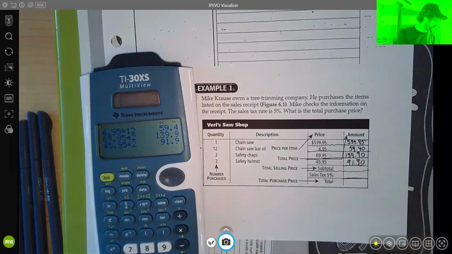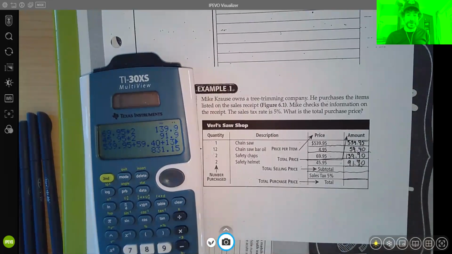So we'll add those all up. 539.95 plus 59.40 plus 139.90 plus 91.90. $831.15.